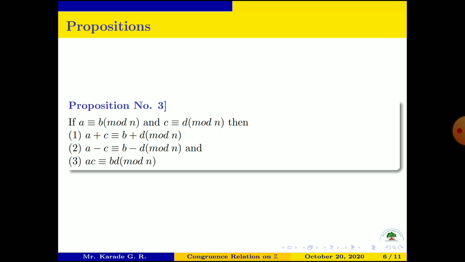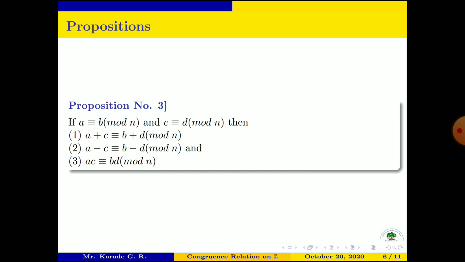Means left hand side multiplied with left hand side and right hand side multiplied with right hand side of this congruence relation. So ac is congruent to bd mod n. So now we will see the proof of all these three properties.